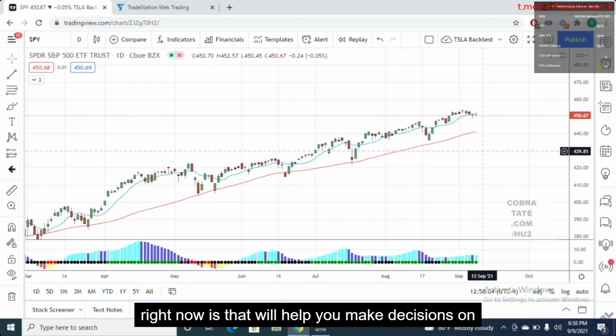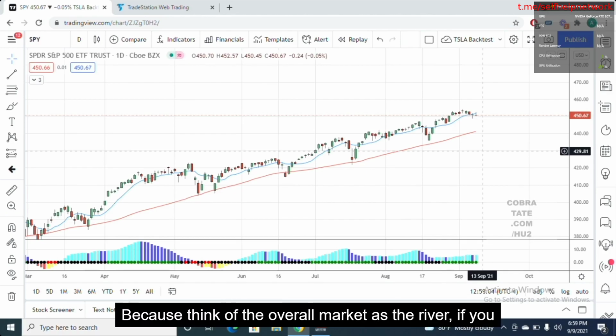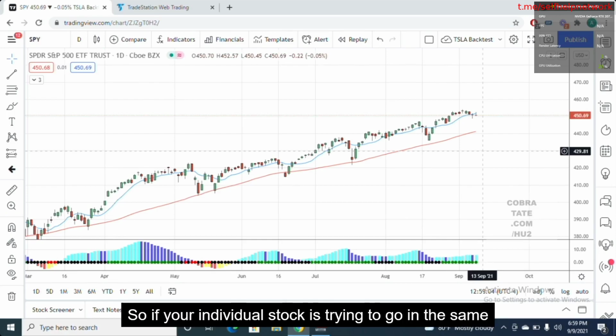is. That will help you make decisions on individual stocks, because think of the overall market as a river. If you think of it as a river, it's a lot easier to swim with the flow than against it. So if your individual stock is trying to go in the same direction as the overall market, it will be a lot easier for it than compared to trying to go against the market.